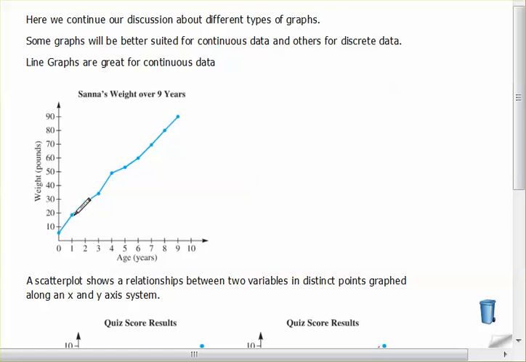And then on their first birthday they were just under 20 pounds. Well, somewhere in between those birthdays they gained, pound by pound by pound. So eventually all of the numbers on the number line are covered in between there. That's what makes that continuous data. And then we can draw a line in between each one of those points to represent that data.